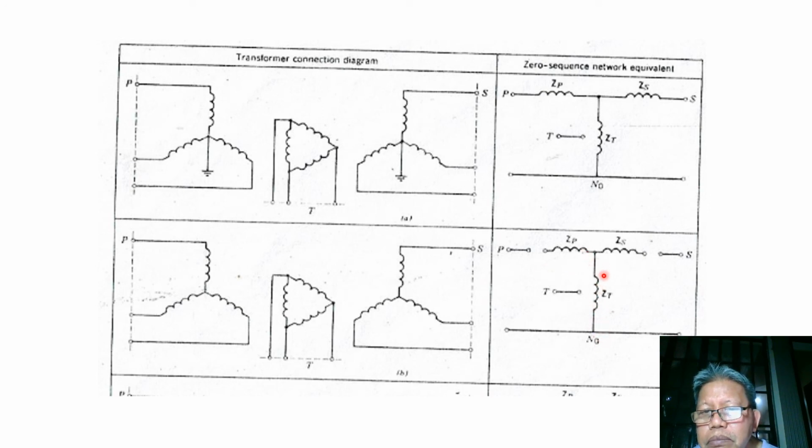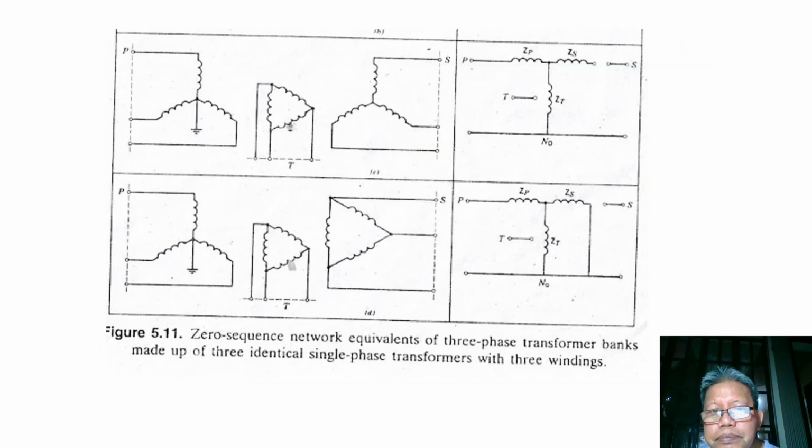So in effect, if there is no current here and no current here, there should be no current here. Otherwise, if there is current here, it should be going out this way or this way. But since they are open, it makes the tertiary winding current zero. And also with respect to its terminal, zero sequence current cannot flow. So this is our equivalent circuit for our three winding three-phase transformer.